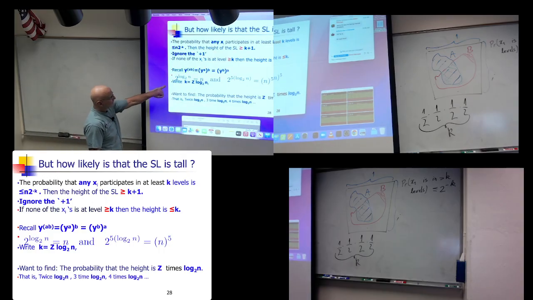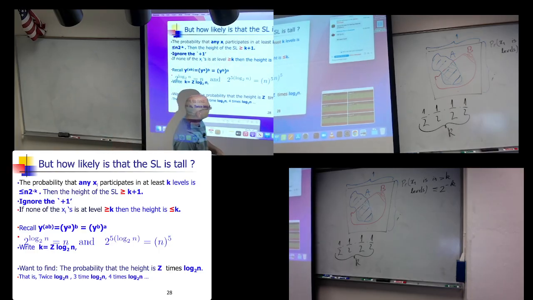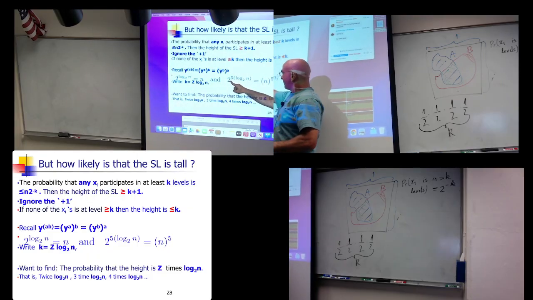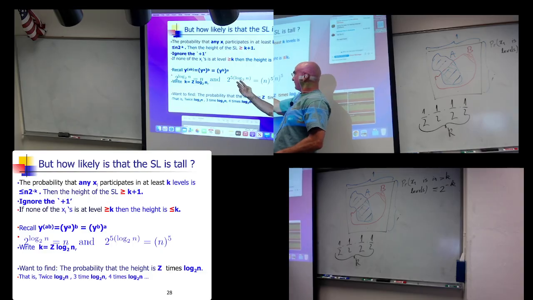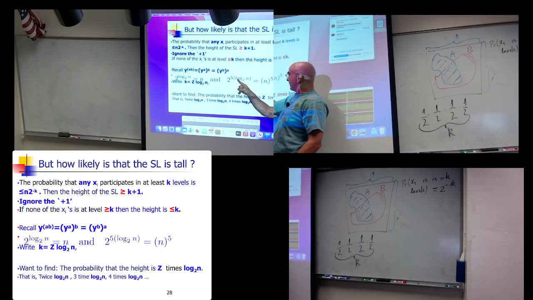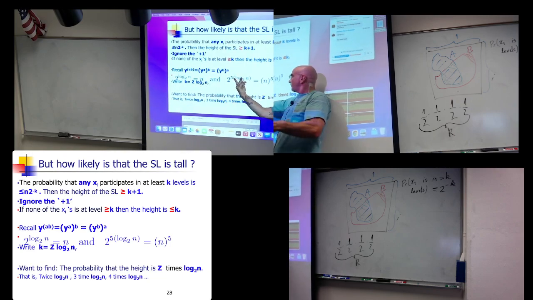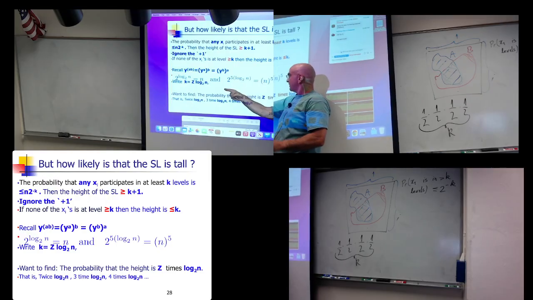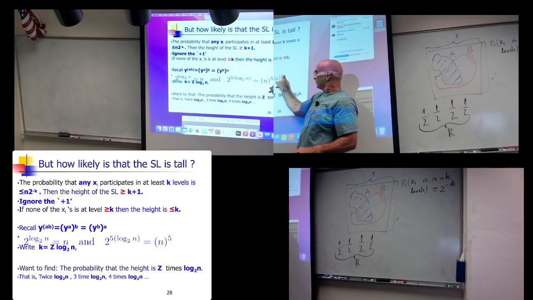And I want to mention a few other things. 2 to the power of log n is nothing but n. And 2 to the power of 5 times log n is nothing but, what did we say? I can switch a and b, making it 2 to the power of log n, to the power of 5, switching the order. What is 2 to the power of log n? It's just n, to the power of 5.